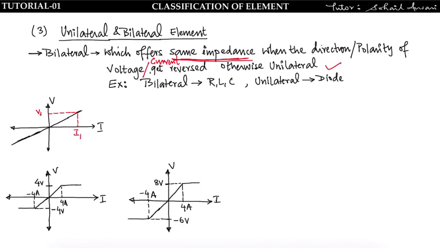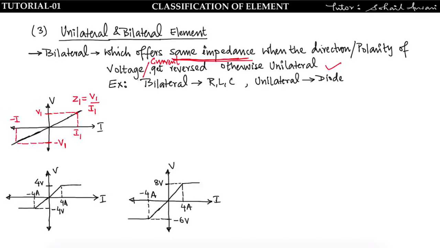So Z1 is equal to V1 upon I1 at this point. Now you reverse the polarity of voltage, that means I am taking minus V1 at V is equal to minus V1. I am getting minus I1.